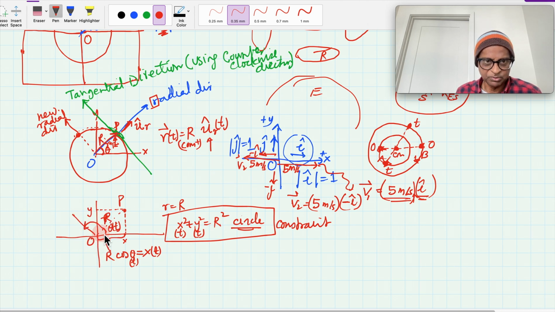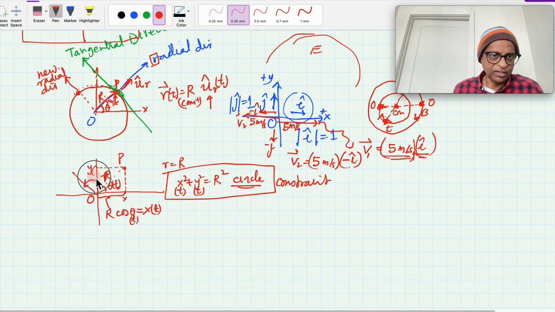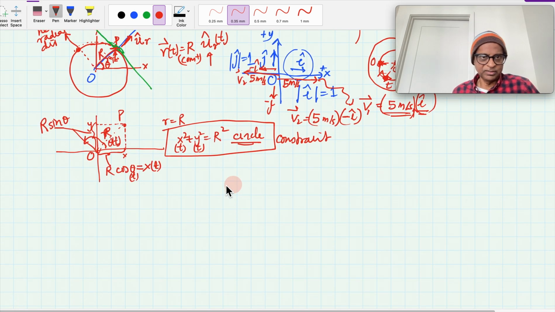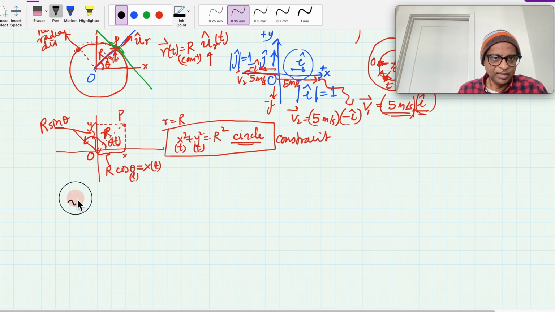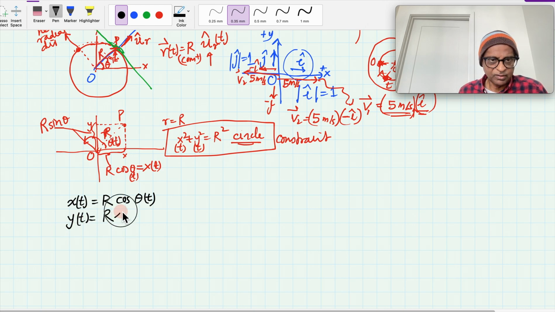So for the y it will be R sine theta. Very nice. So let's summarize. We had x at time t was R cosine theta of t, and y is R sine theta of t.